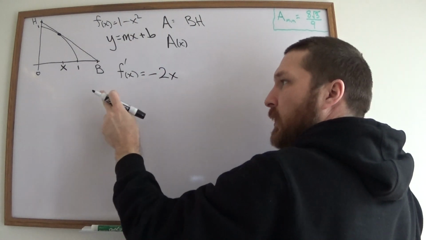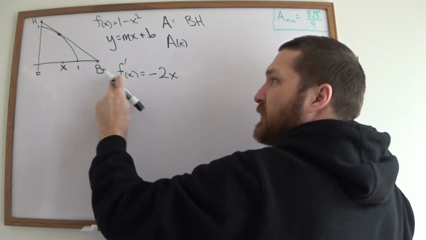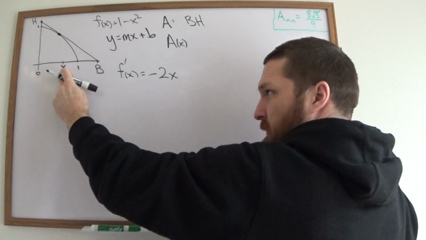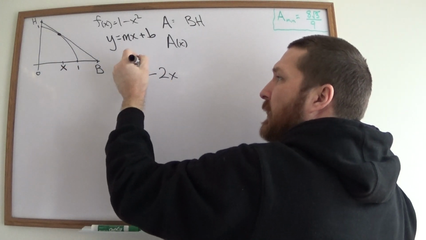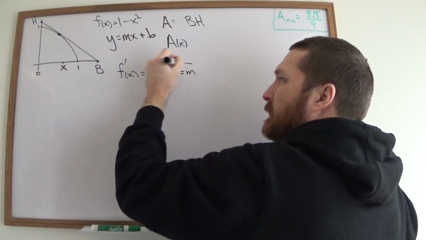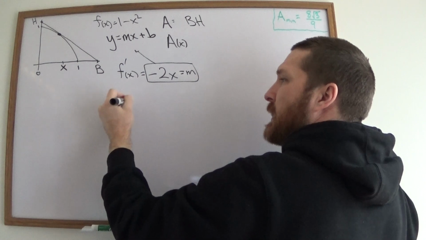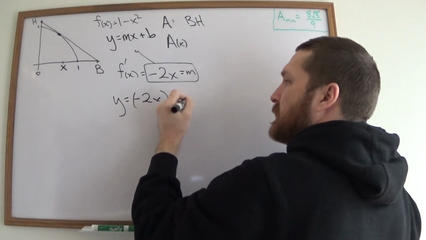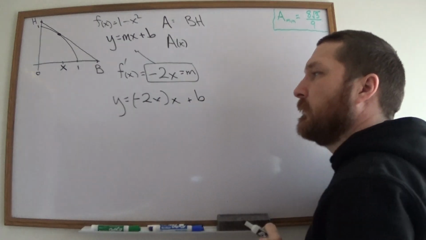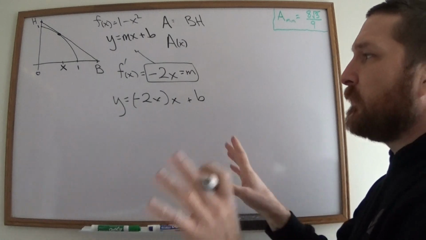Okay? So, at x, f prime, the slope at x, what I get is minus 2x. So I'm going to go ahead and say, okay, that's what my m needs to be there. I'm going to plug it into there. That gives me y equals minus 2x times x plus b. Okay? Now the only other part we need is b, and we should be home free, right?